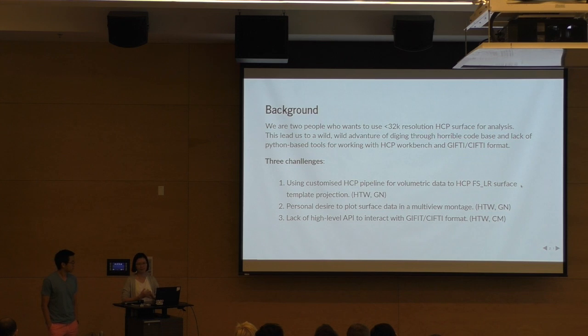And this is done by me and Jia. And the second one is we just want to plot this surface data in a multi-view montage to make it pretty. And the third one is we want to get a start with the lack of high-level API issue with SIFT and GIFT format. And it's mainly between my discussion and Chris.